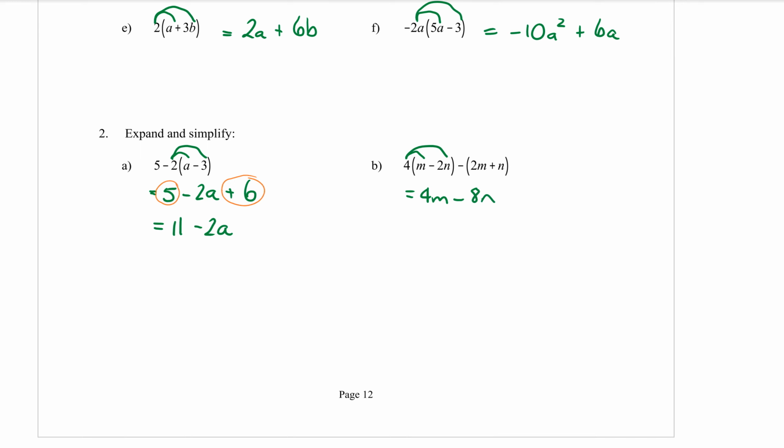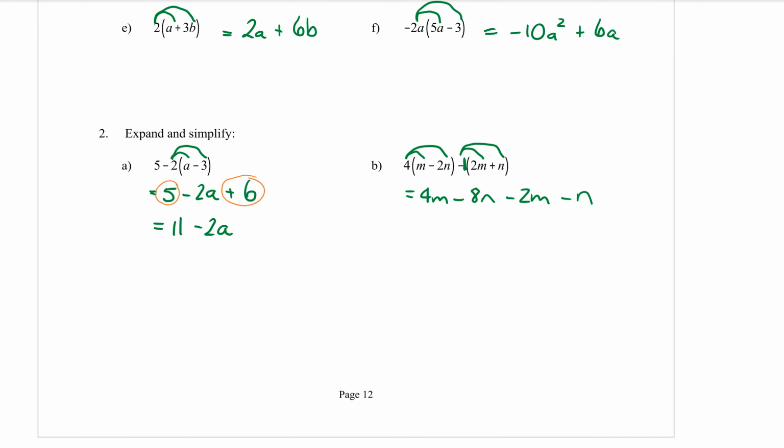Then this second one, remember that's a minus, we put a little 1 in there to help us. We're going to expand a minus 1 into that second bracket. So minus 1 times 2m. Negative. Very good, yes. And negative 1 times n. Negative 1n or just negative n.